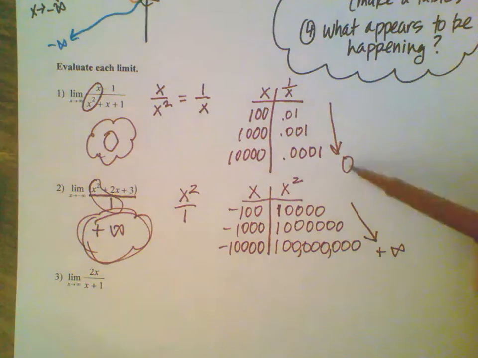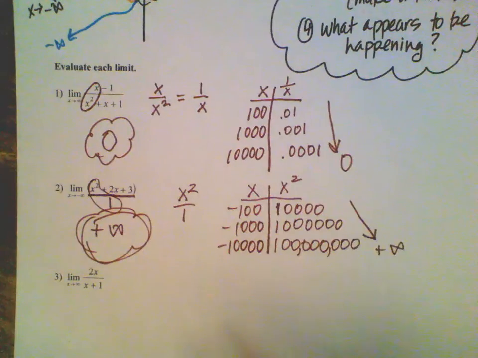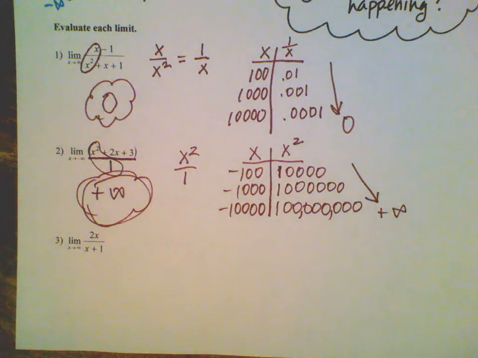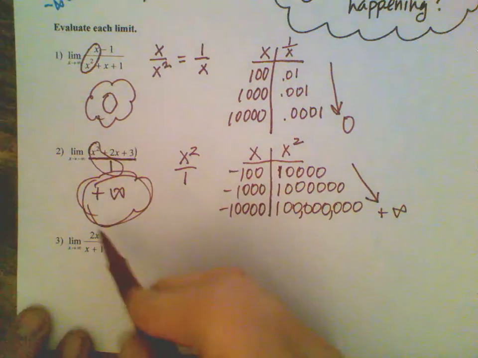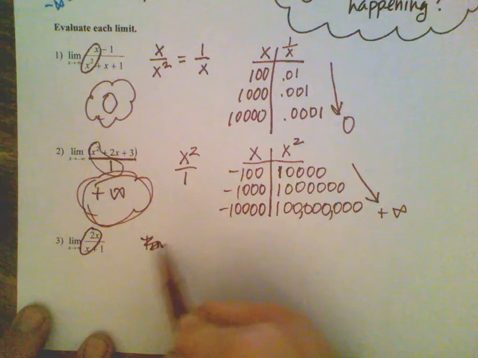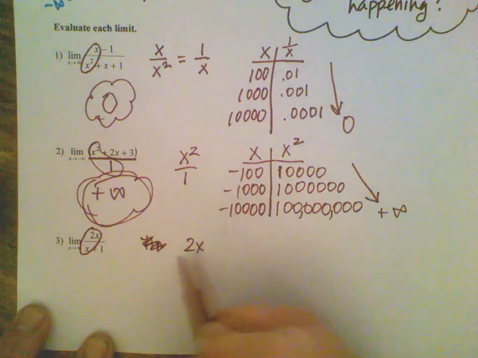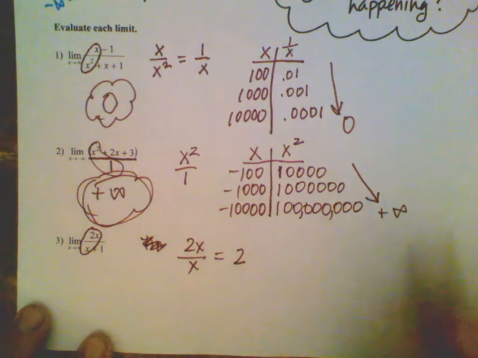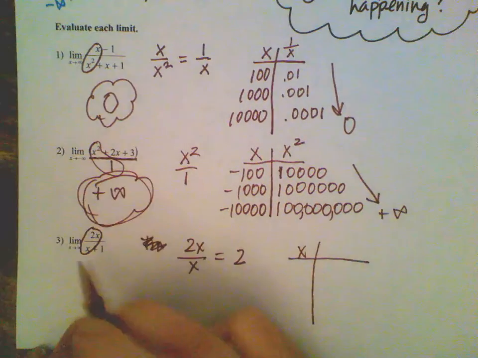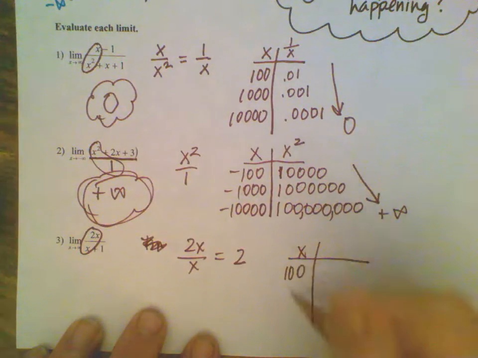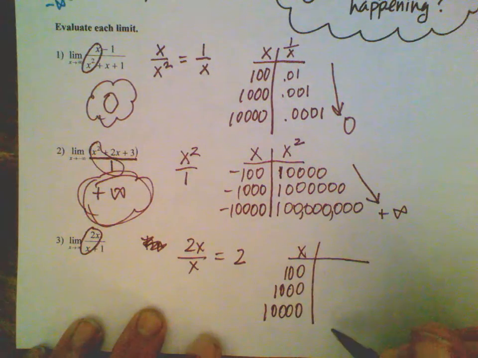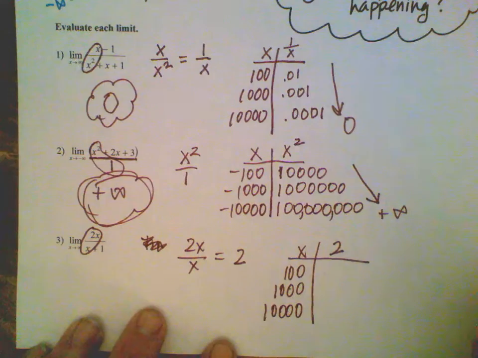So I approached 0, I approached positive infinity. Okay, so now let's see what else can happen. Again, I'm going to look at my lead terms. So here I'll isolate the highest and reduce it. This is 2x over x, or just 2. So I'm going to plug in, this is approaching positive infinity, 100, 1,000, 10,000, and I'm plugging it into 2.